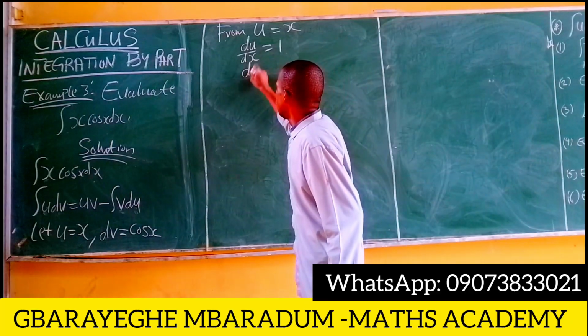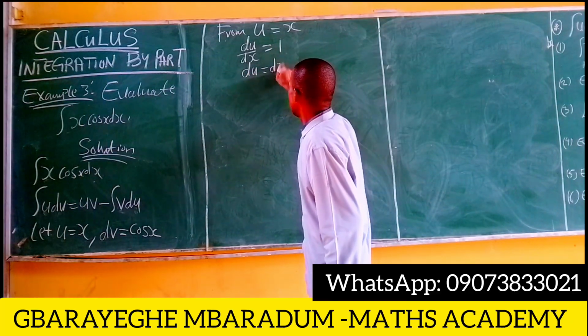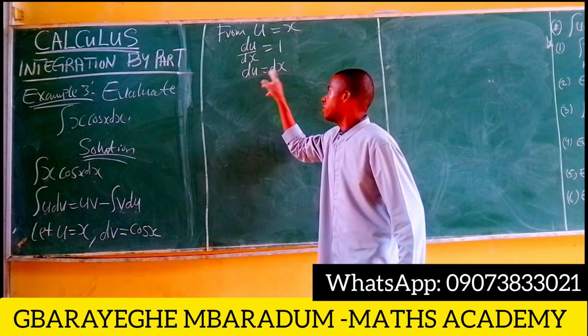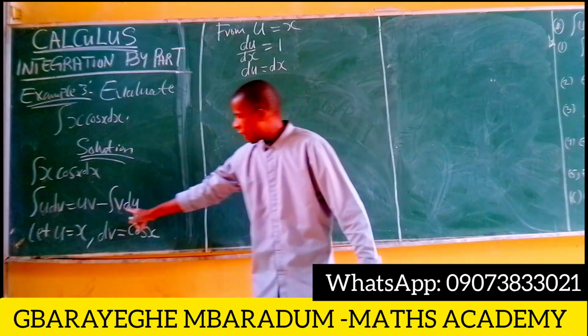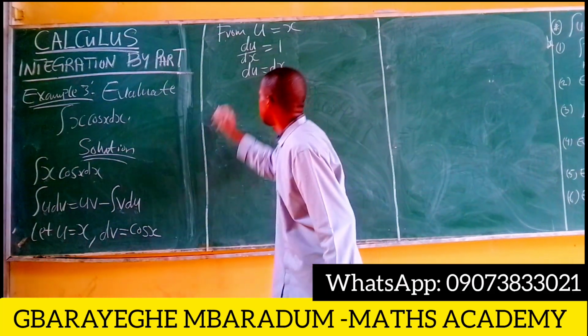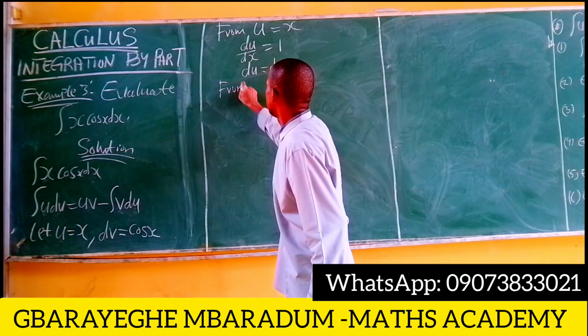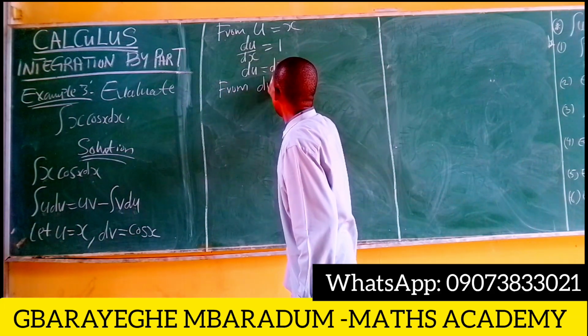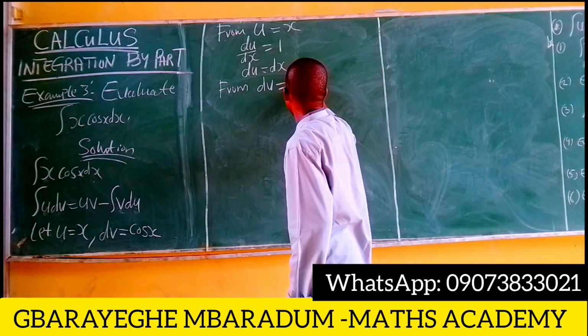This implies that our du becomes dx. We have already gotten our du now as dx. Now what we are going to find next is our v. And for us to get our v, you know that our dv equals cos x.